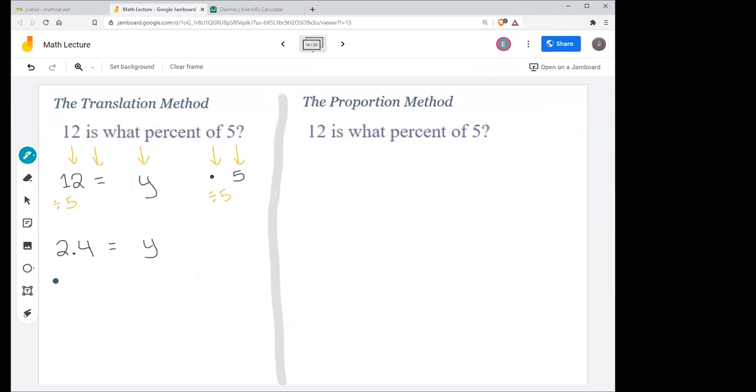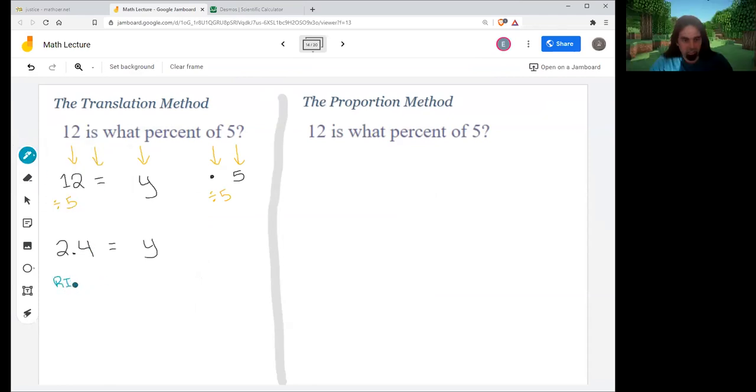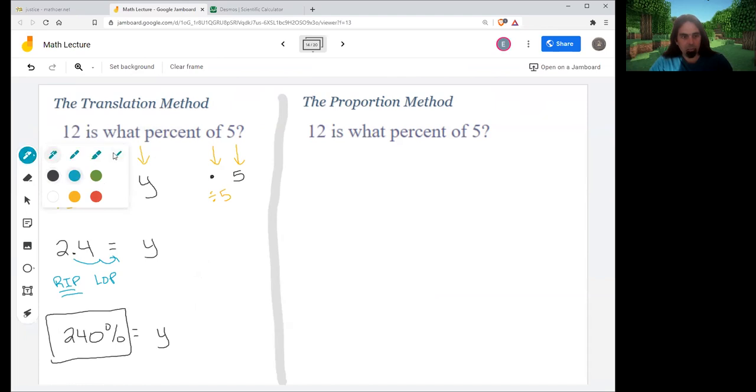Riplop. It asks for a percent. So now I'm going to go into percent, and I get 240%, which is more than 200, just like we said, is y. So that's where the word percent comes from.